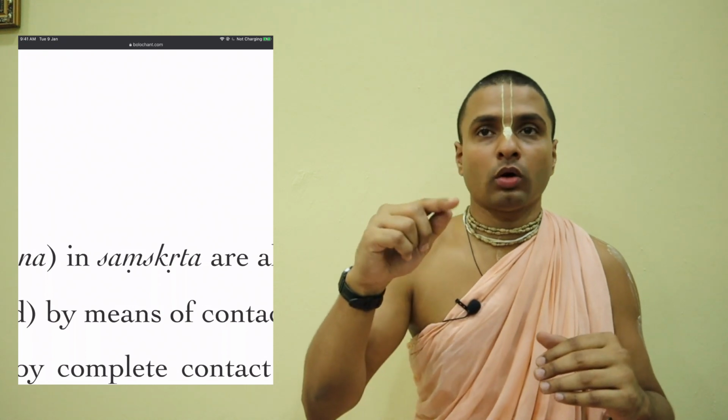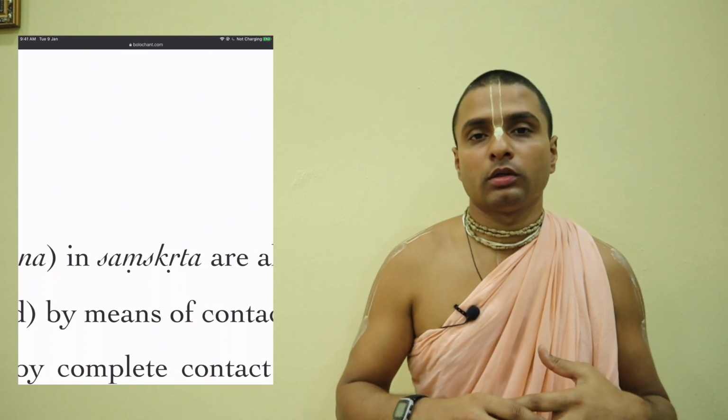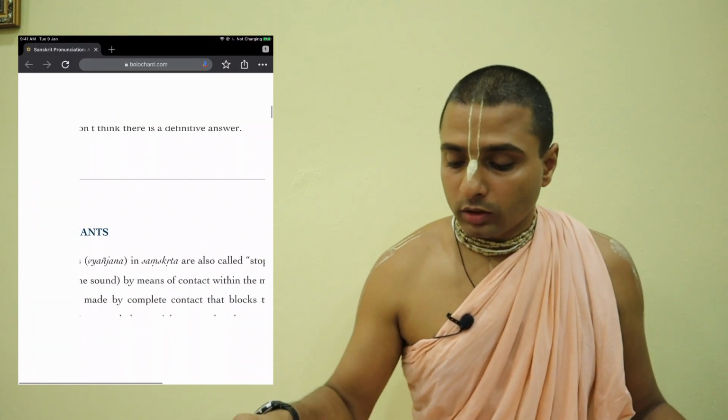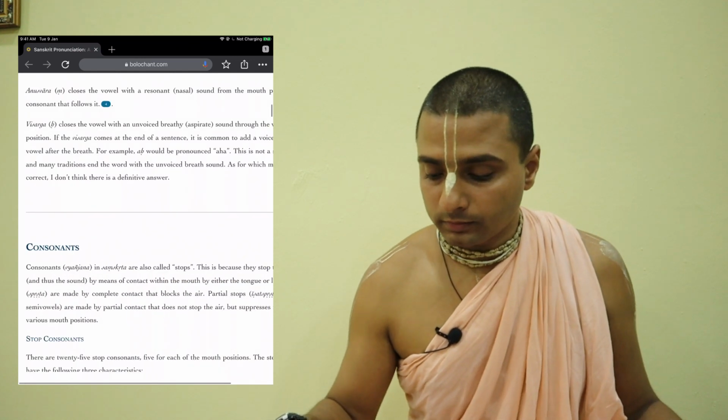So we do it as M with a dot above or N with a dot above, Sanskrit. So we use it like that. But here, this is another method where M with the dot below, Samskrita. That's actually how it is to be written.